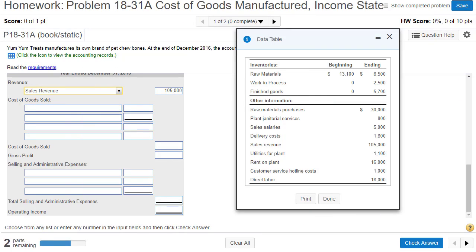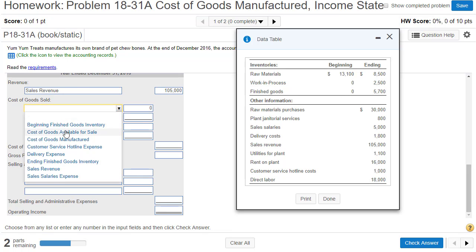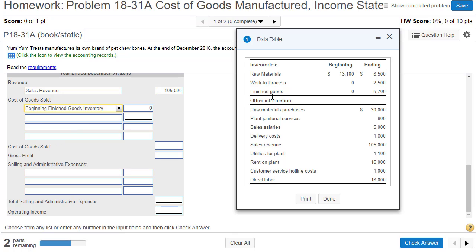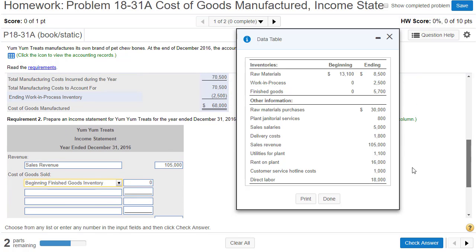So we need to start with beginning finished goods inventory. So here's our finished goods inventory. Beginning is 0. Beginning finished goods. Next, we said we needed to add cost of goods manufactured. Notice cost of goods manufactured is not on here. Why? Because we already created it up here.